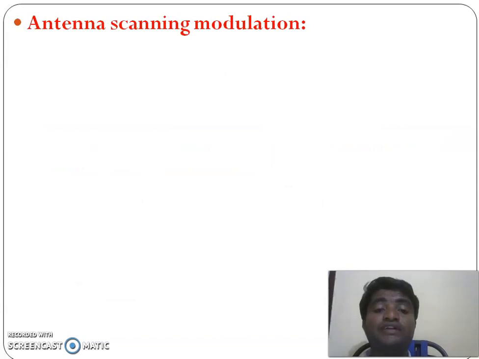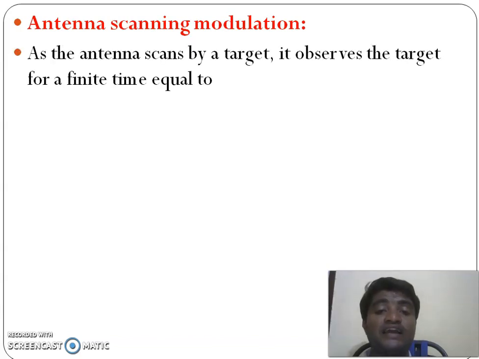The next parameter that will affect the performance of MTI radar is antenna scanning modulation. As the antenna scans the target, it observes the target for a finite time.